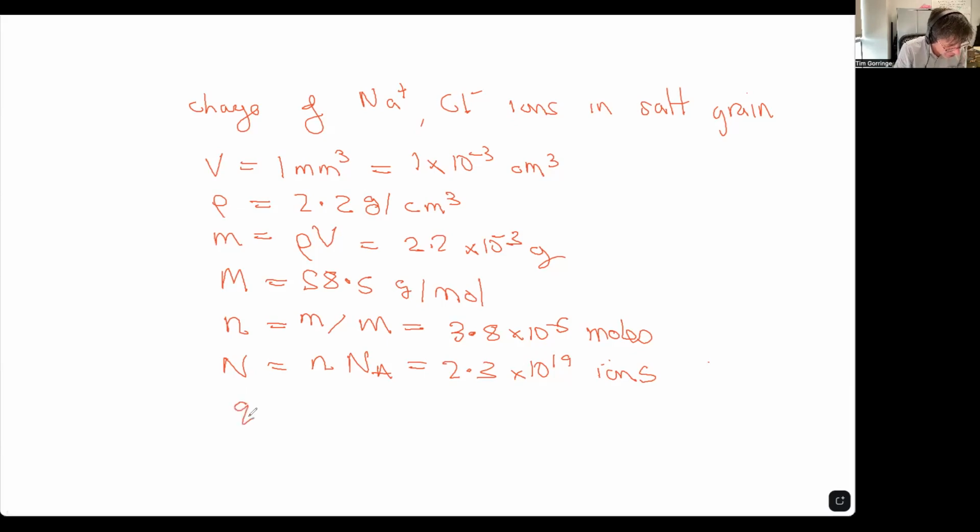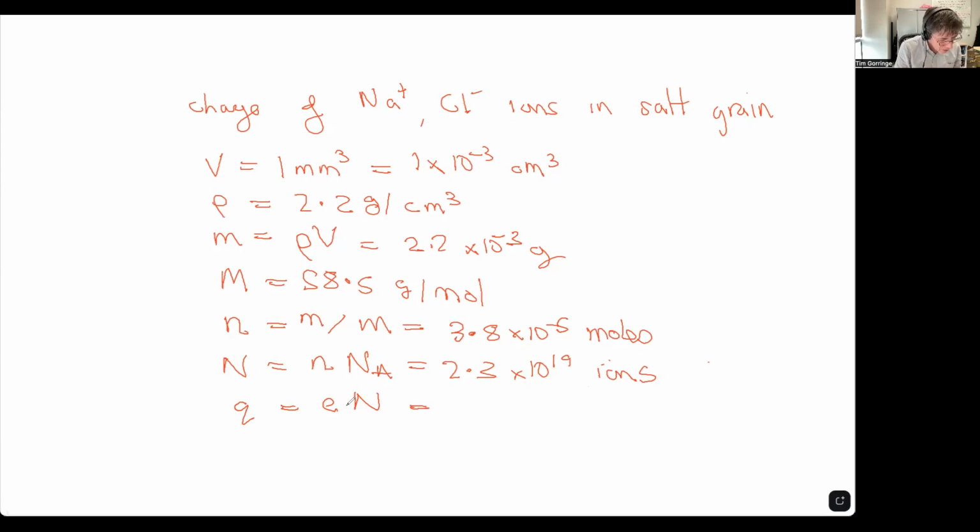I'm going to call their charge Q, and I'm just going to multiply the number of ions there are, that's the uppercase N, by the electronic charge, 1.6 times 10 to the minus 19. If I multiply those two numbers, I got 1.6 times 10 to the minus 19 times 2.3 times 10 to the 19. So the 10 to the minus 19 and 10 to the 19 cancel each other out.